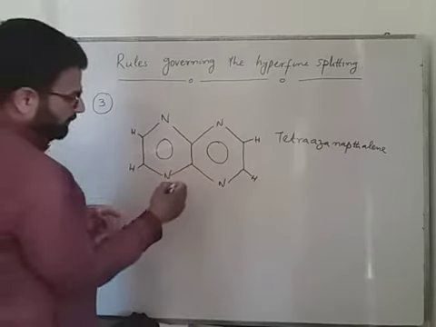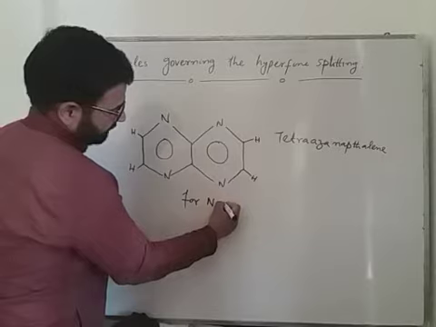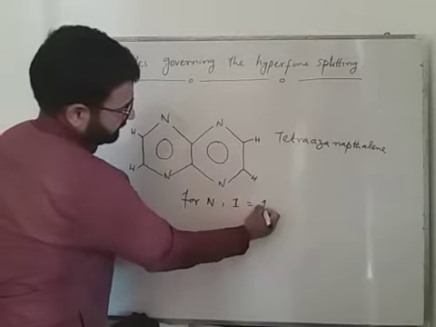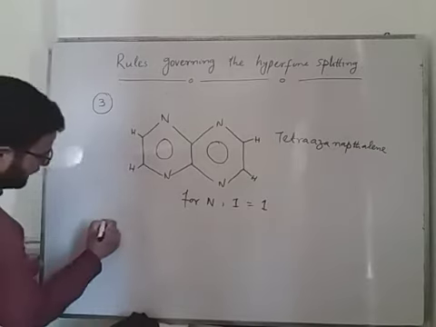Okay, since we know for nitrogen I is equal to 1, its spin is 1. So how will we write the total number of lines?